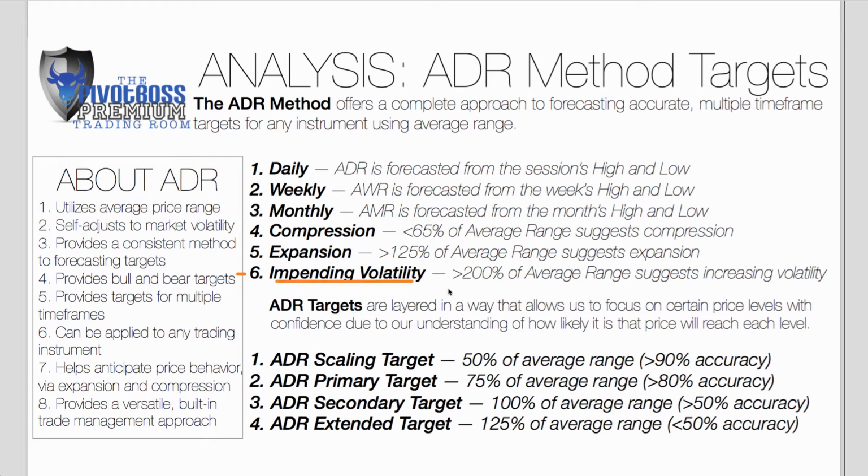Now number 6 is impending volatility. That tells you anytime ADR for a current day gets above 200%, really over 150 or 175, but especially 200, is kind of like the big deal. If the current session's range is over 200% of average range, that tells you there's volatility entering the market, and volatility will likely increase as you go forward.